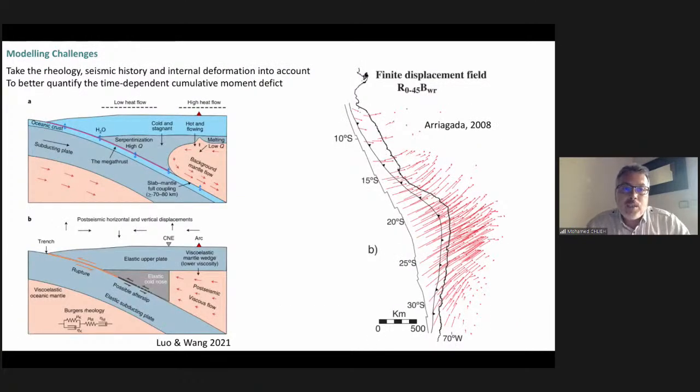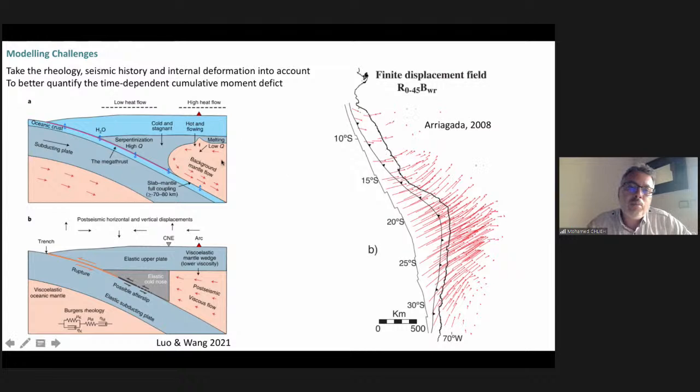So some challenges in terms of modeling are what Anne has introduced. Of course, we should take better into account the rheology of the medium and especially the viscosity of the mantle, potentially also the presence of fluid in the medium, and check what is the best rheology that explains the deformation we measure today, is it better a Kelvin or a Burgers rheology.